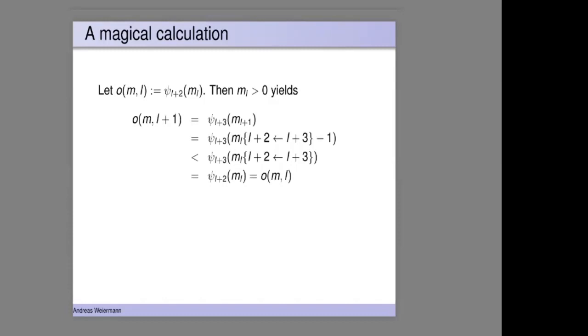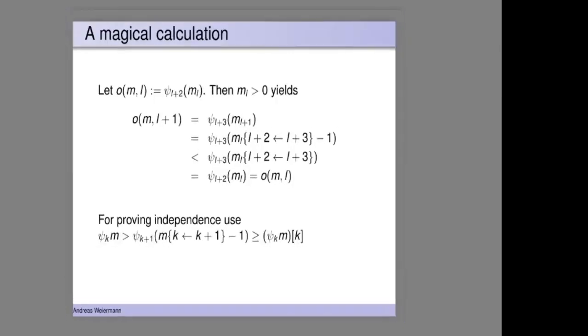If ml is bigger than 0, then I get a strict descent in the ordinals. Now if the Goodstein sequence would never converge to 0, this process would yield an infinite descending sequence of ordinals. This proves termination.